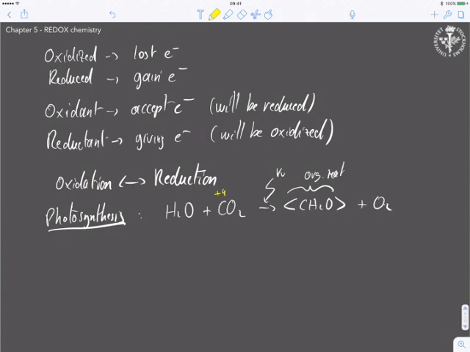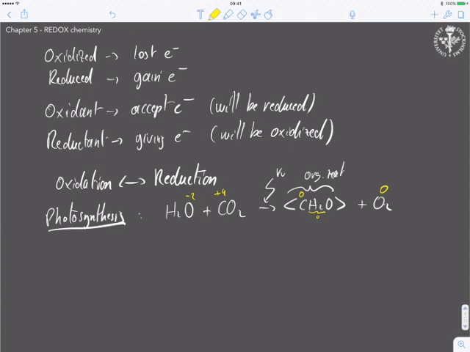The oxidation state of carbon in the organic matter CH2O is 0. The oxidation state of oxygen in H2O is -2, H is plus, and the oxidation state of oxygen in O2, a pure substance, is 0 by definition.